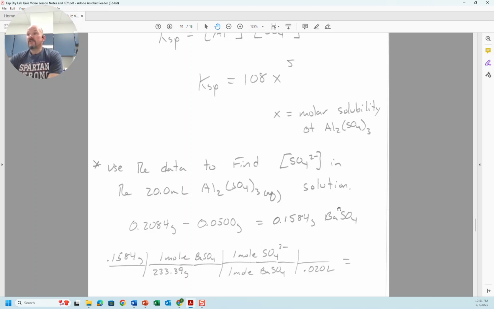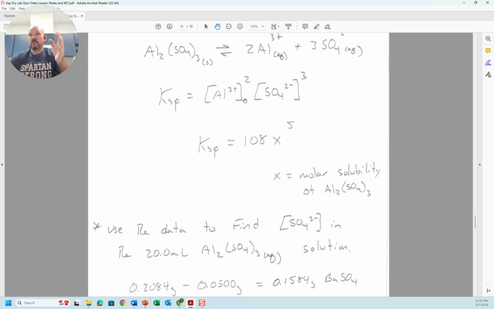And all the sulfate is now in the precipitate, so if I can figure out moles of the precipitate, because there's 1 sulfate in 1 barium sulfate, then moles of barium sulfate would be moles of sulfate, and all of that came from the 20 milliliter solution. So all I would need to do is, once I figure out moles of sulfate, divide it by 0.02 liters, and that would give me the molarity of sulfate in our saturated solution of aluminum sulfate.